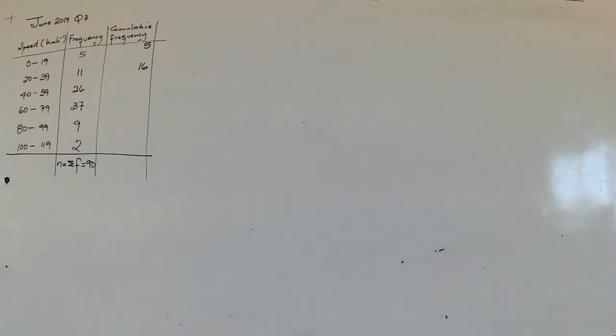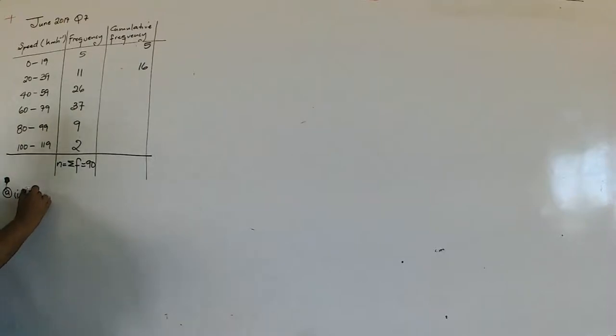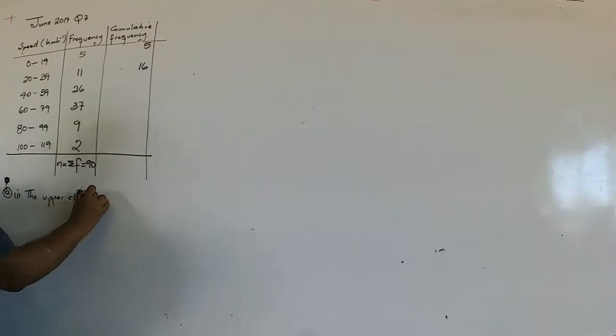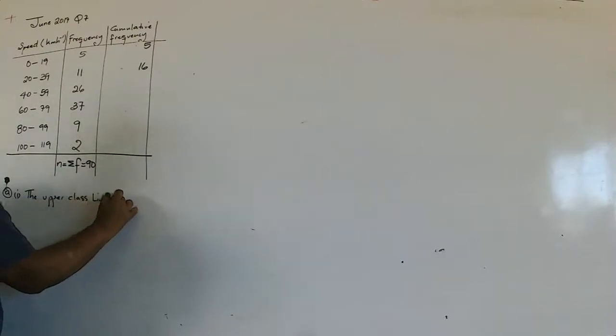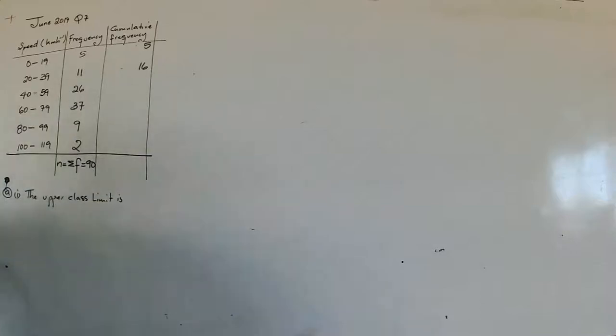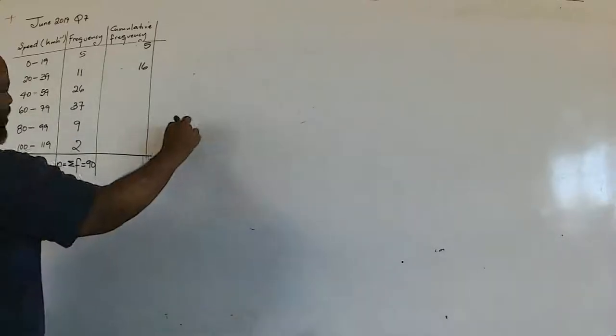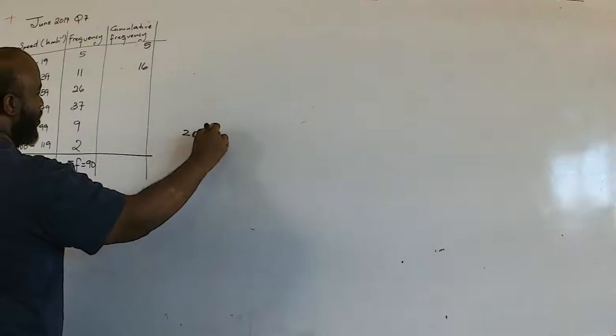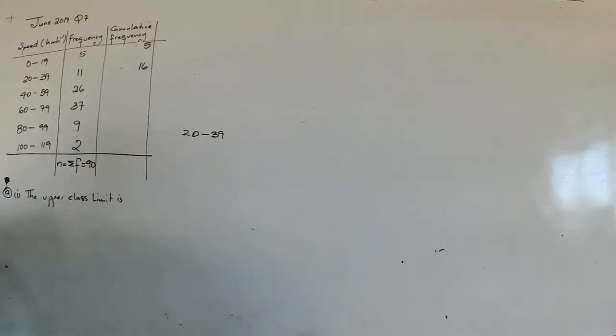Next we are asked, A, for the class interval 20 to 39, complete the following sentences. I. The upper class limit is, so they're talking about the class 20 to 39.